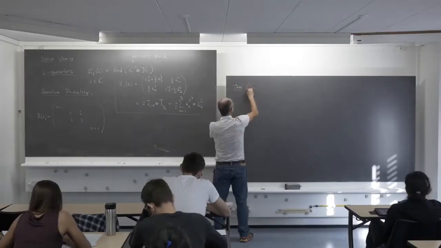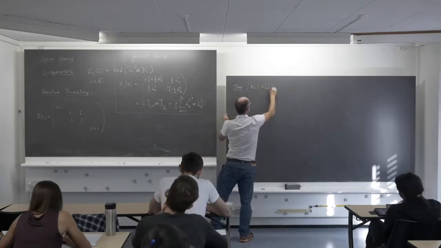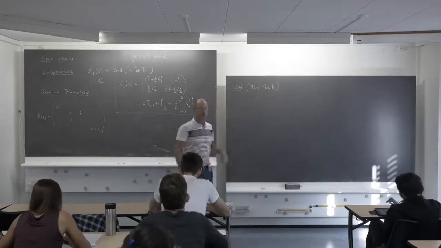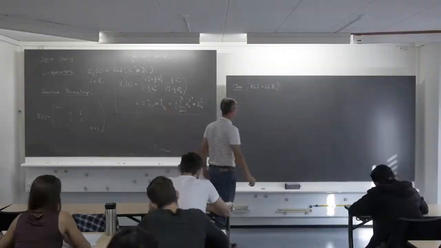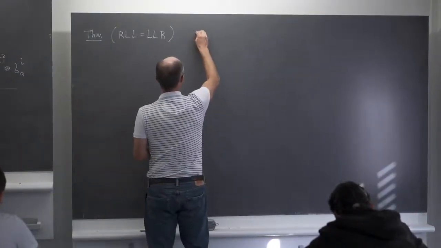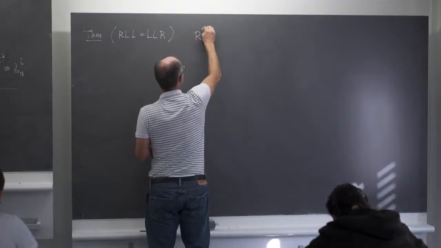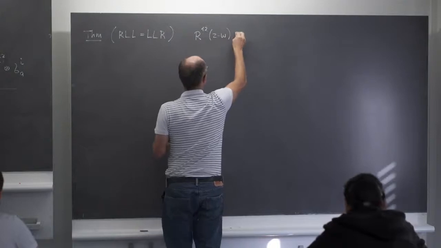Sometimes it also goes under the name of RLL equal to LLR as a shorthand. And it says the following. Let me write it down and then explain the notation.